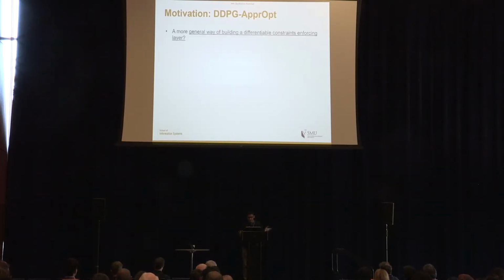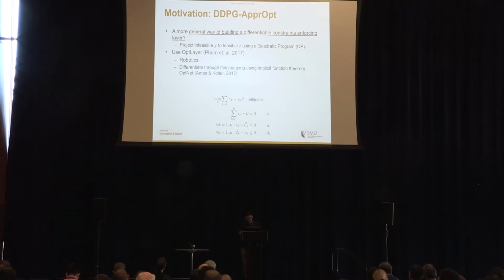We begin by asking the question, what is the most general way of building a differentiable constraints enforcing layer? Can we use a quadratic program and somehow find a way to differentiate through that? That is exactly what was done by the people who did OptLayer.